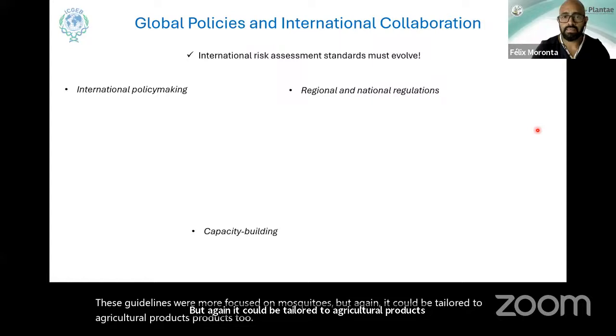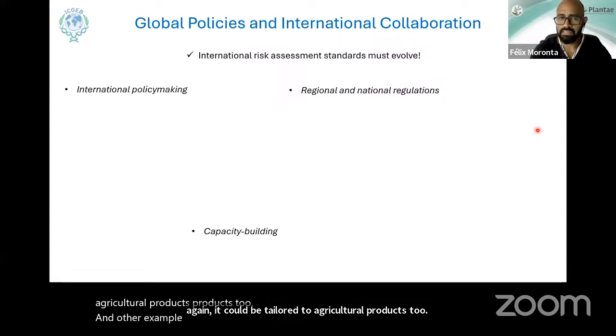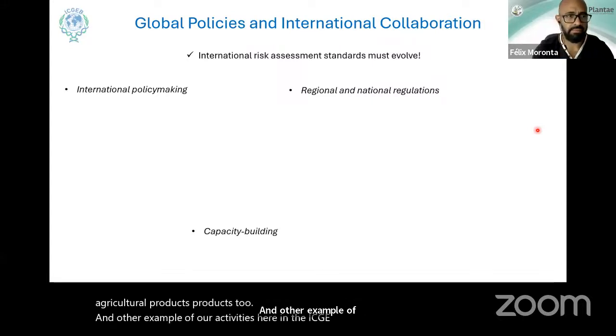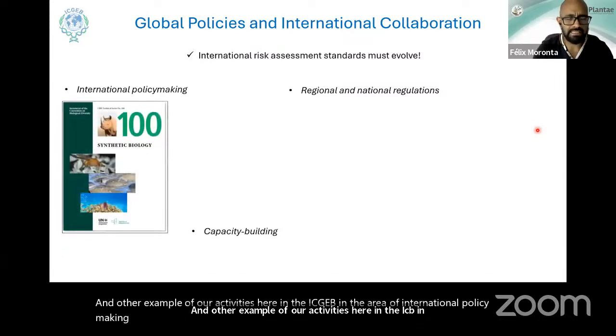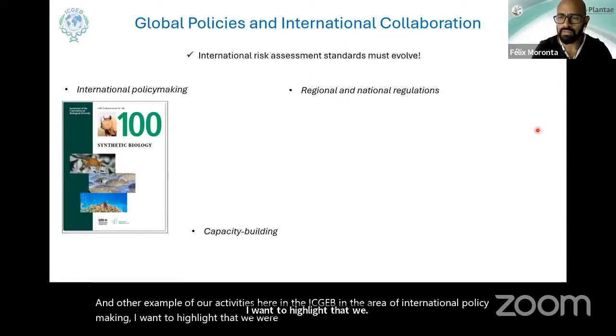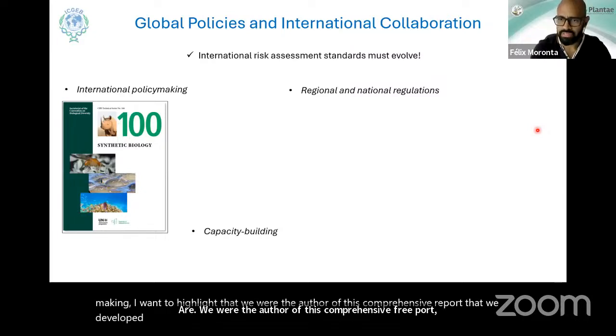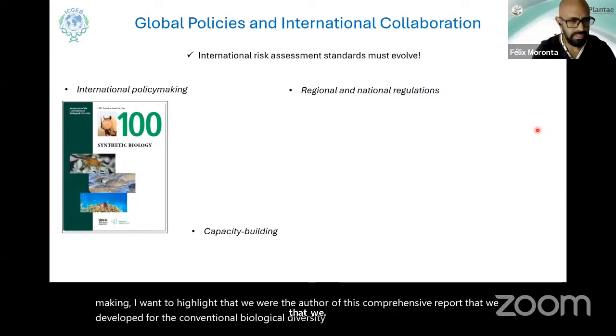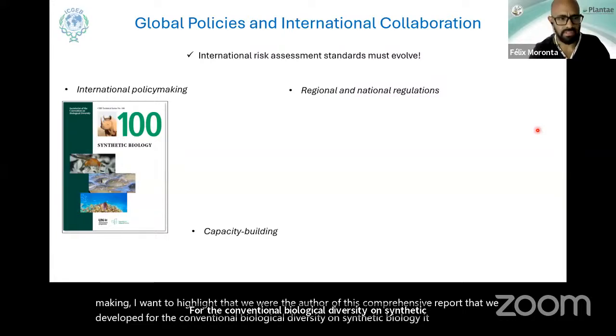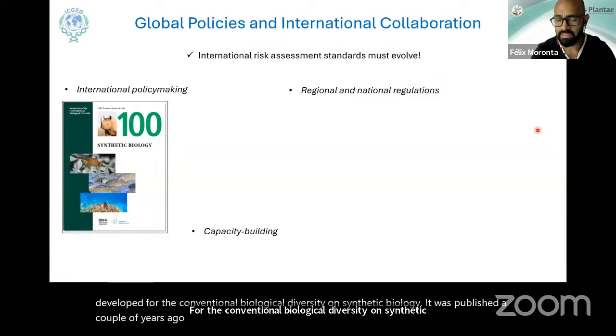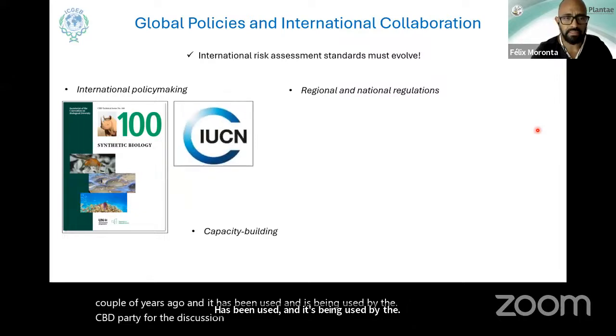And another example of our activities here at the ICGEB, in the area of international policymaking, I wanted to highlight that we were the authors of a comprehensive report that we developed for the Convention on Biological Diversity on synthetic biology. It was published a couple of years ago, and is being used by the CBD parties for the discussion on the topic.